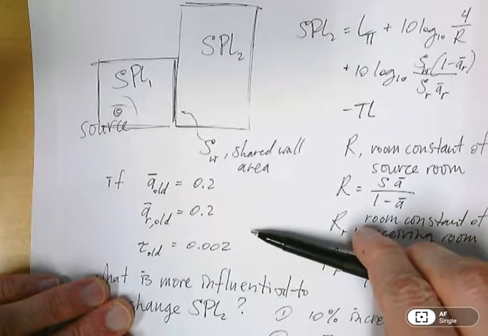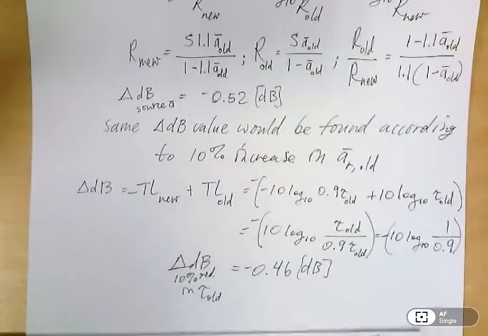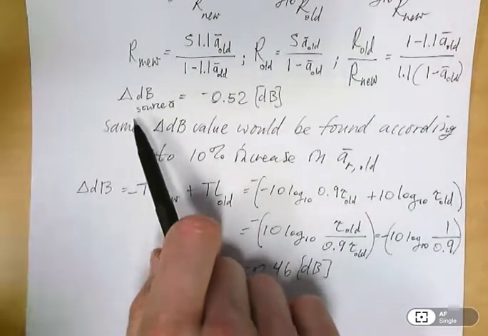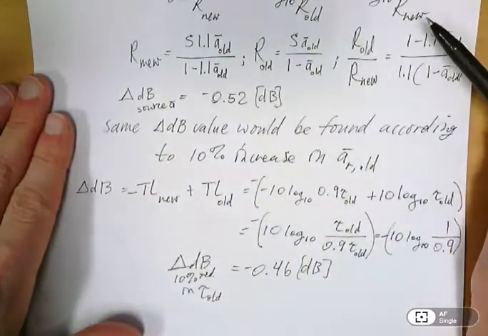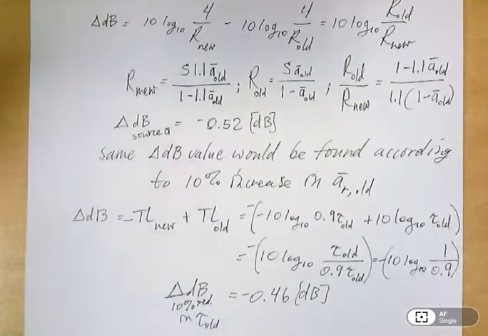Let's come to our expression here of looking at the delta dB, where we had this 10 log 10 ratio. And I'm going to bring MATLAB up to the screen here to help us out.